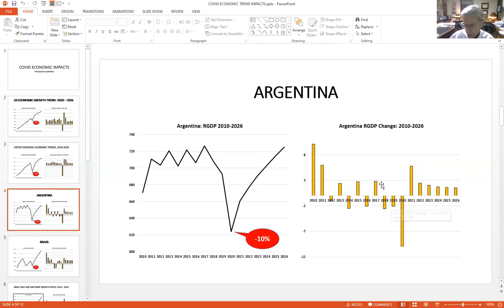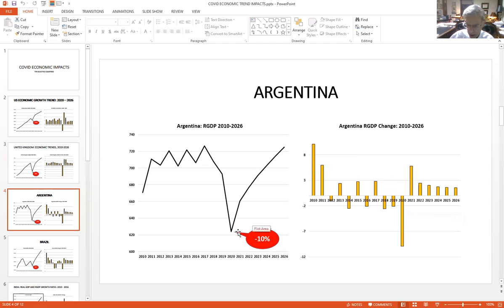And we can see when we look at the growth rate charts that Argentina's economy has been spotty ever since 2012. There are a variety of reasons for this that I don't have time to get into right now, but you can see that the 2 years prior to 2020 also were declines.